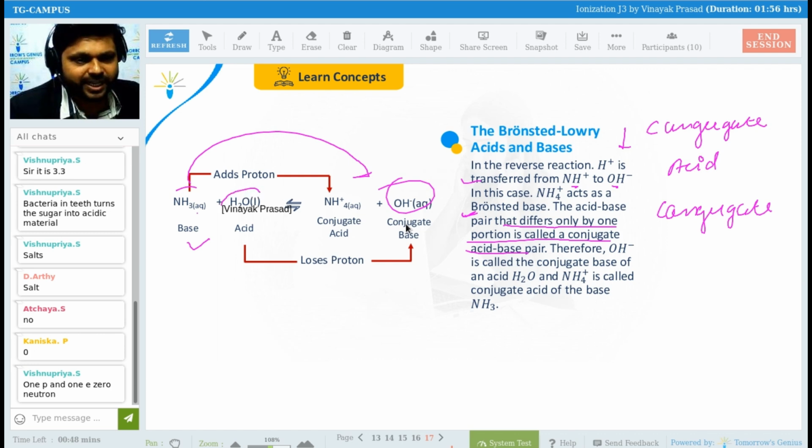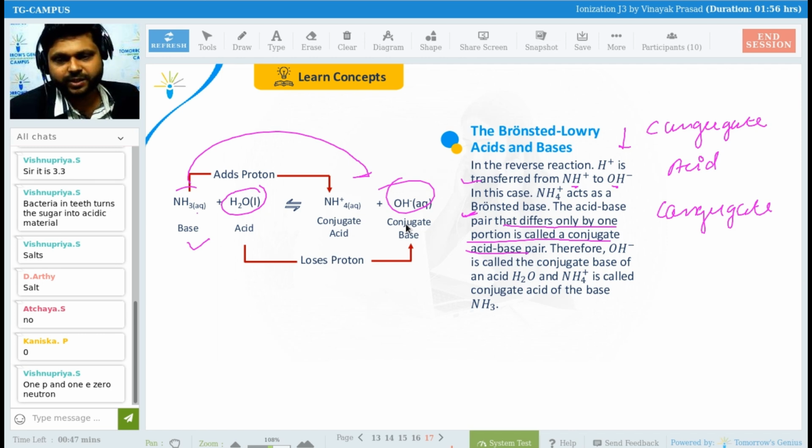Again here, water, H2O, has 2 hydrogens, and here OH minus has 1 hydrogen. So there is a difference of 1 H only. The acid and base that differ by only one proton is called a conjugate acid-base pair.